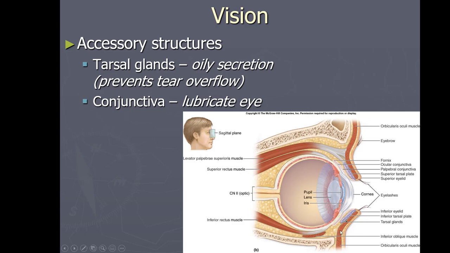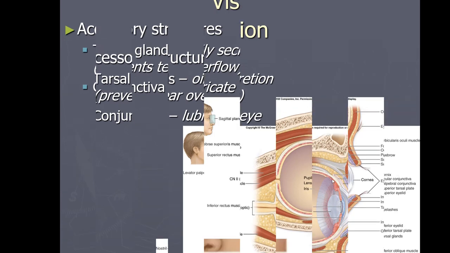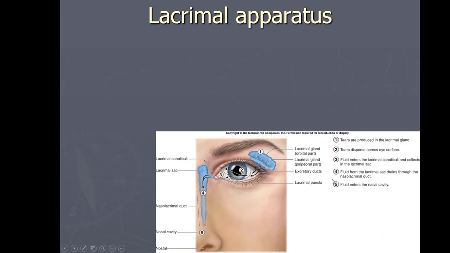This is good to know because a lot of times this will get inflamed, and it's called conjunctivitis, or sometimes called pink eye. It can have different causes, bacterial or viral, but conjunctivitis is pink eye, and that's what's inflamed, the conjunctiva.